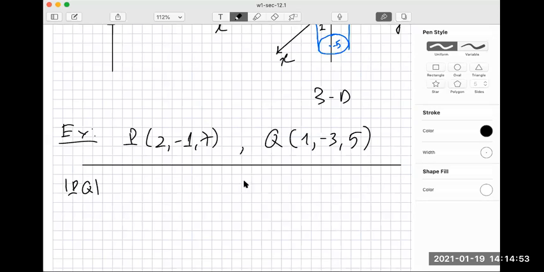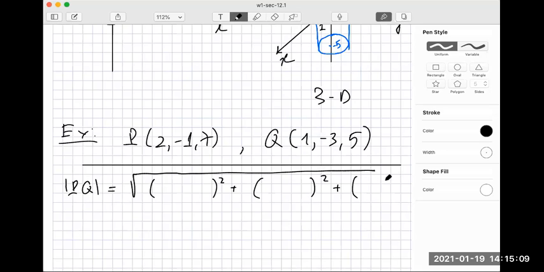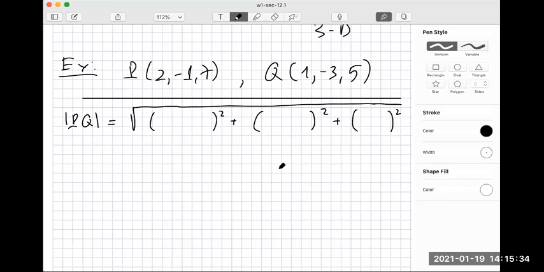Memorize the formula, get used to it, just do it. Okay, you done? Very good.